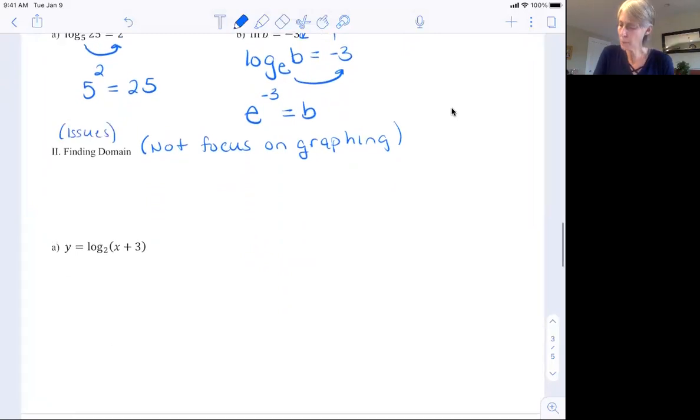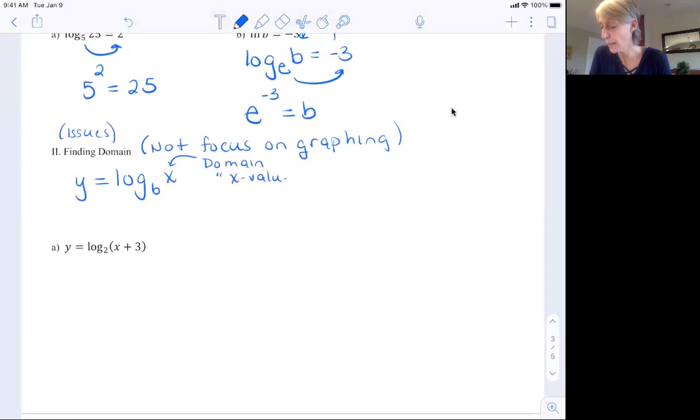Okay. Now remember, our log function is written like this, right? x is the domain, the x values. When we're dealing with log functions, this piece here, no matter how simple or complicated it is, this expression is called the argument.